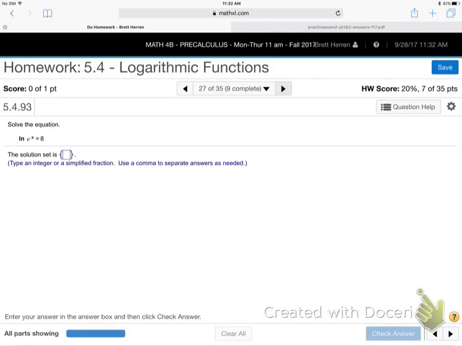Okay, so 27. ln e to the x is 8. Same thing when I cross off the log, base is base, other two switch. But one of the tricks on this one is notice that that e is not the base. There's another invisible e that's the base. How do I know? Because that e's not lowered down. The base is lower down, or it's invisible.